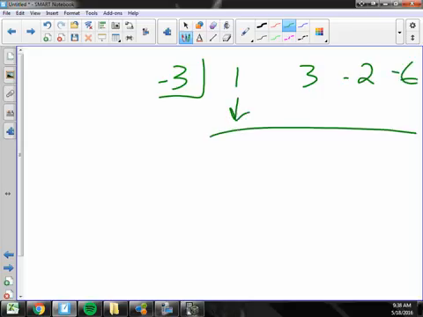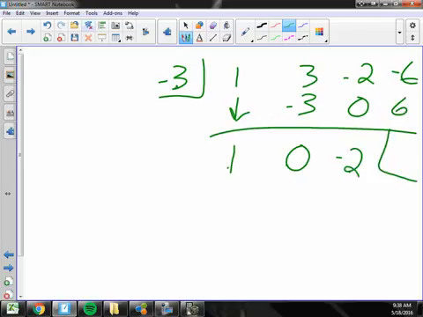So we drop the 1. Negative 3 times 1 is negative 3. We get a 0. Negative 3 times 0 is 0. Negative 2. Negative 2 times negative 3 is 6. So we end up with x squared minus 2. So there are two ways to do this.